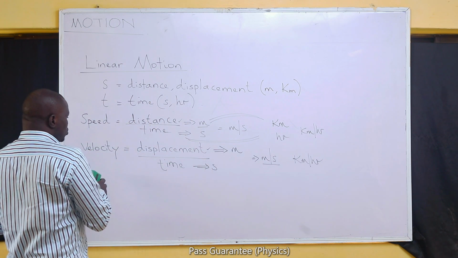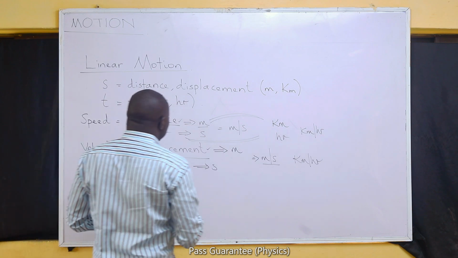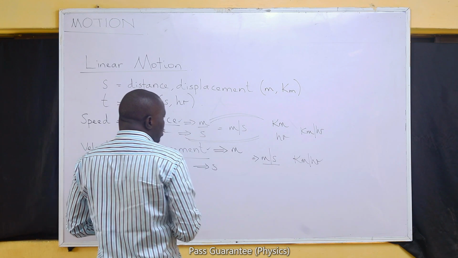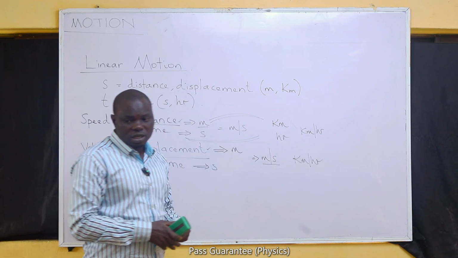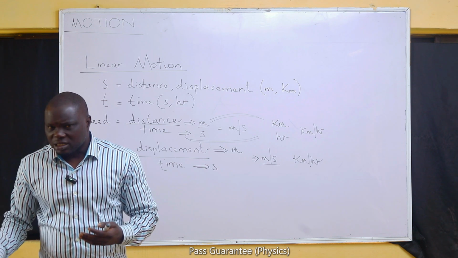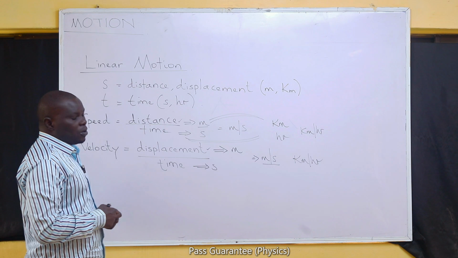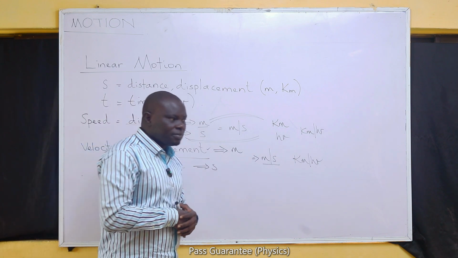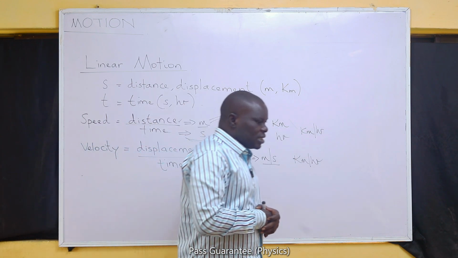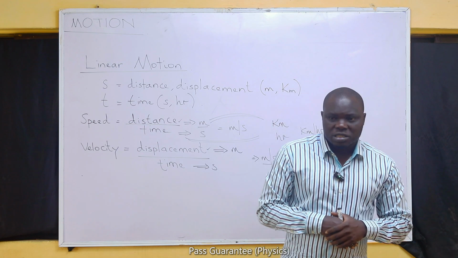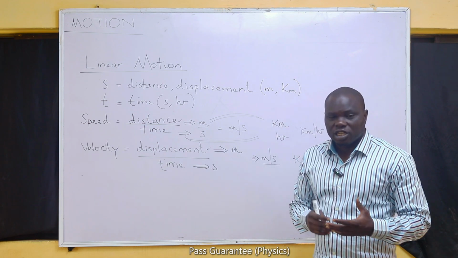We'll move on to acceleration, another quantity that we can use to describe the motion of an object on a straight line. Now, we have talked about distance, we have talked about time, we have talked about speed. When does an object accelerate? It is possible that in trying to move between 2 points, I will choose to start very slowly.